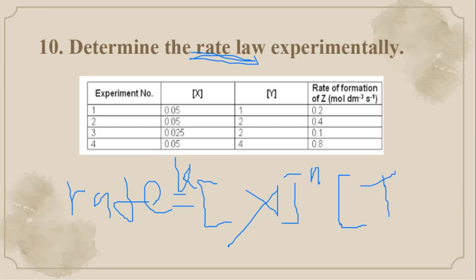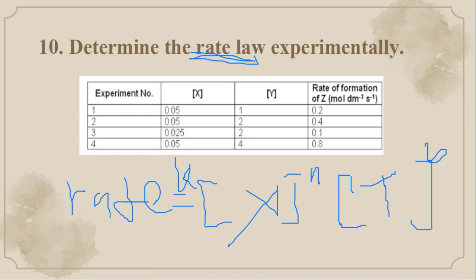And then y raised to some exponent. Also, I don't know. So now we have to figure out the exponents, right? We can do that by keeping one of the concentrations the same.